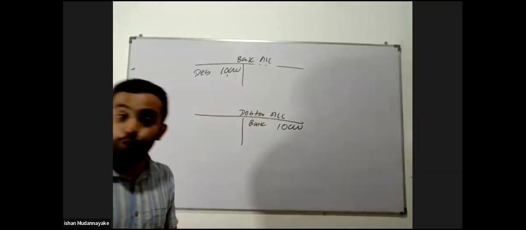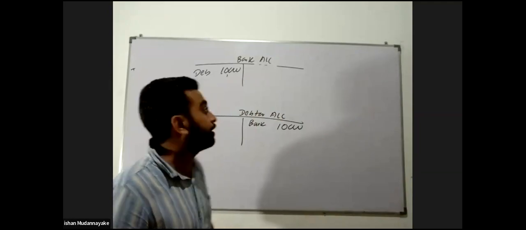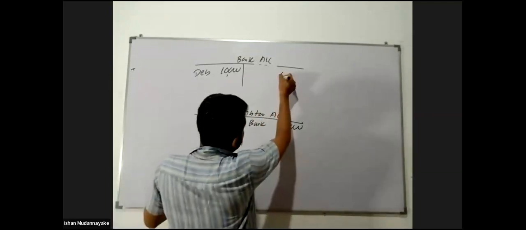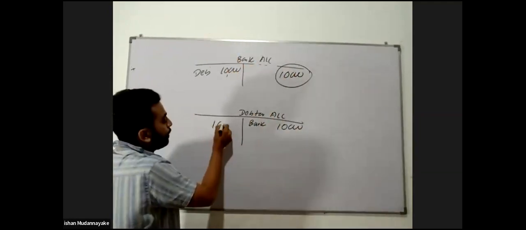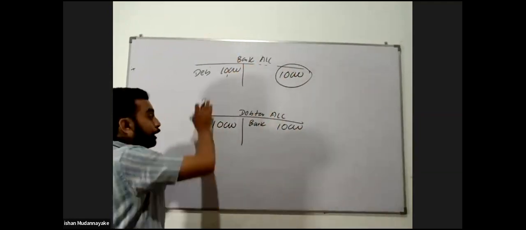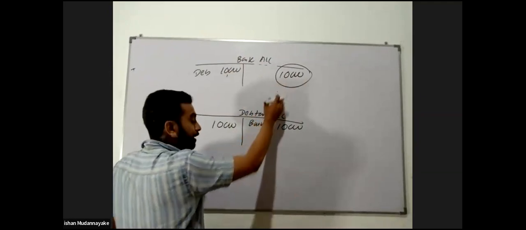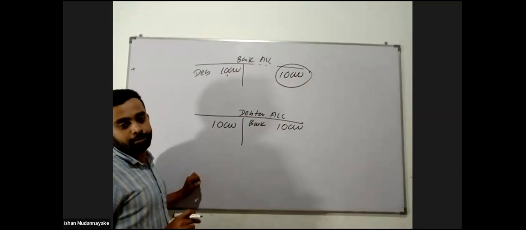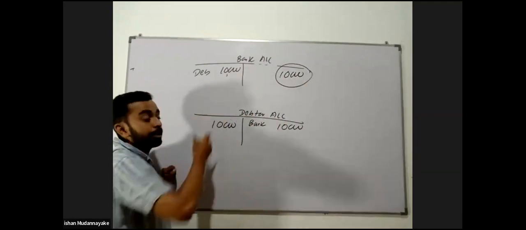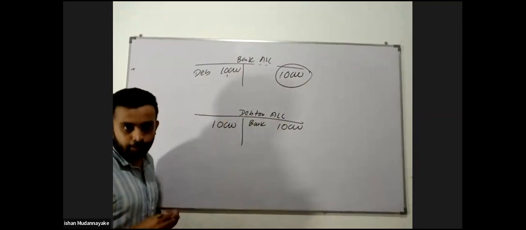Bank account credit 10,000, debtor account debit 10,000. You need to remove 10,000 from the bank, and then again debit 10,000 to your debtor account. That is the answer.